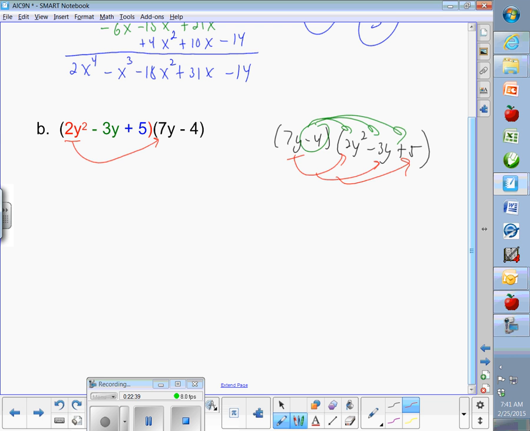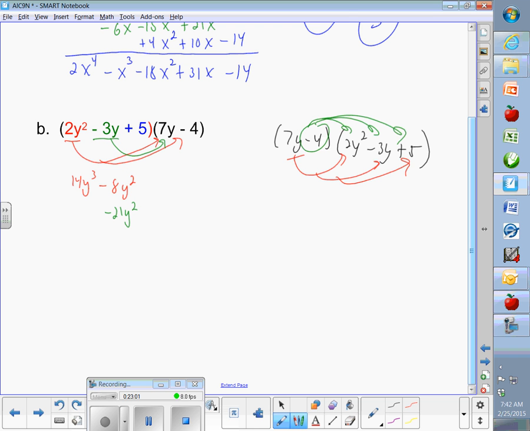Distribute 2y squared times a 7y, 14y cubed. 2y squared times a negative 4, negative 8y squared. Middle term. Negative 3y times a 7y, negative 21y squared.